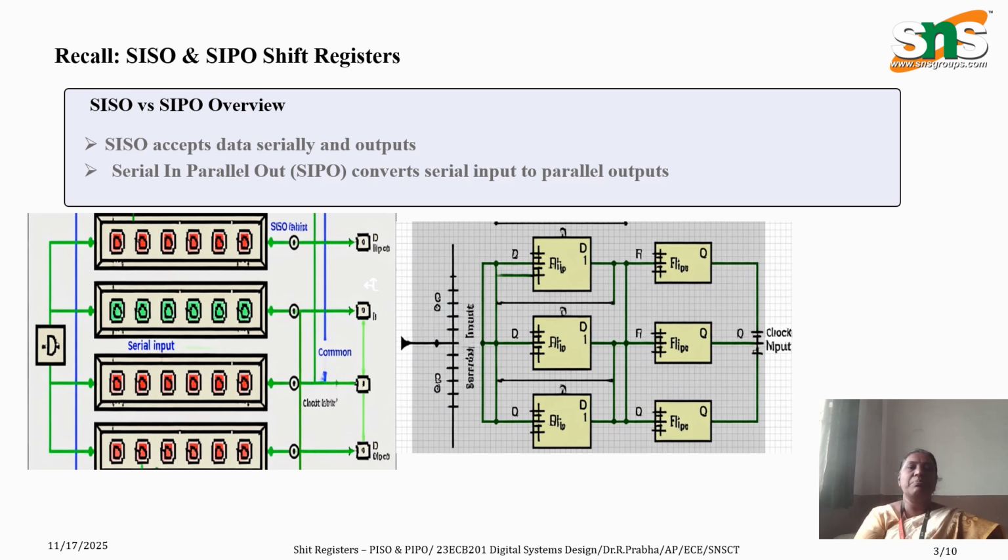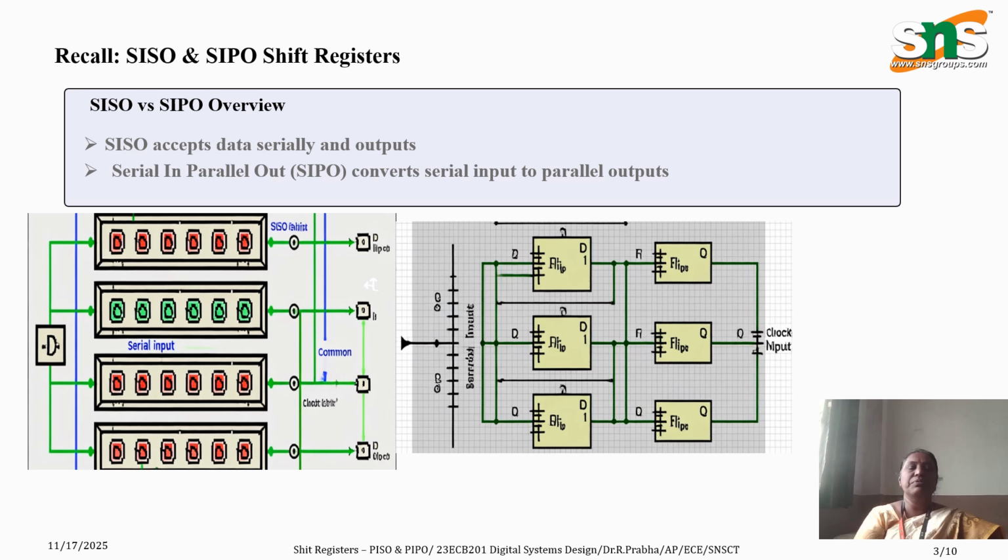So the previous topic: serial in serial out shift registers and serial in parallel out shift registers. In both cases the data enters serially, that is one bit at a time. During each clock pulse the output of one flip-flop goes to another flip-flop, and both types of shift registers use D flip-flops.